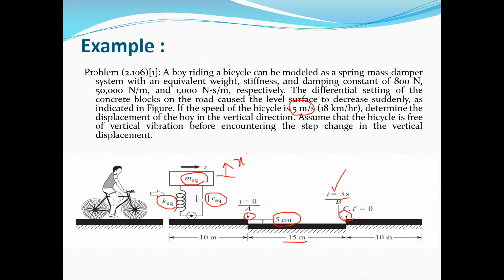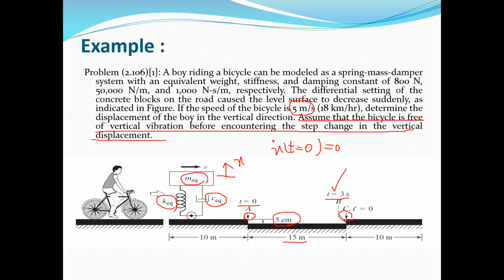So x dot at t equal to 0 at point A is equal to 0, because here we assume that the bicycle is free of vertical vibration before encountering the step change in the vertical displacement.